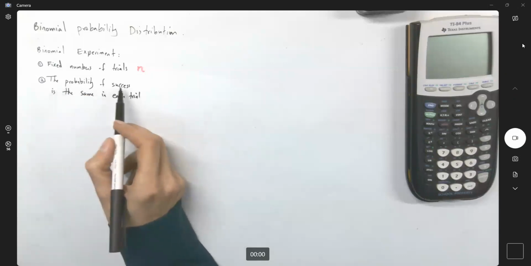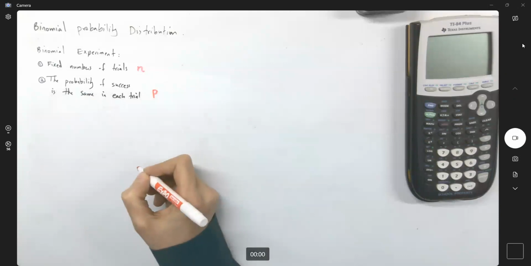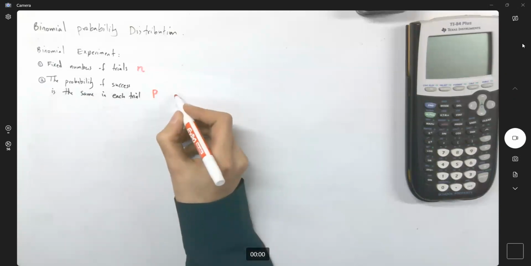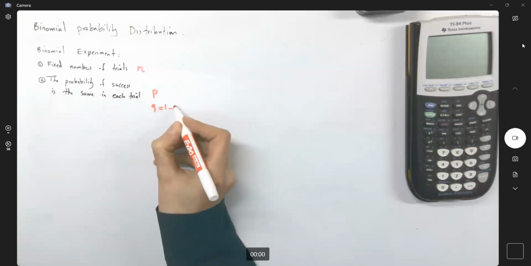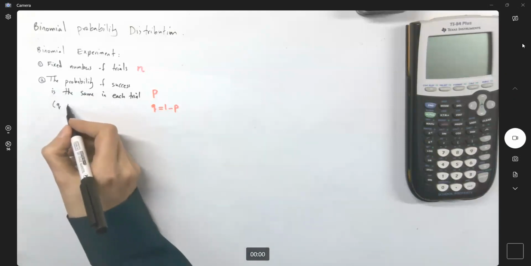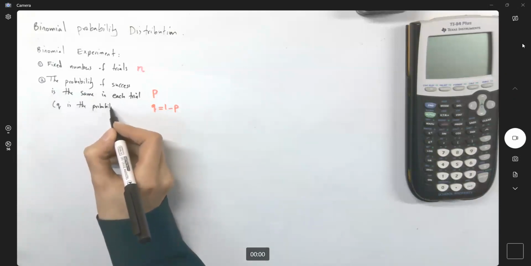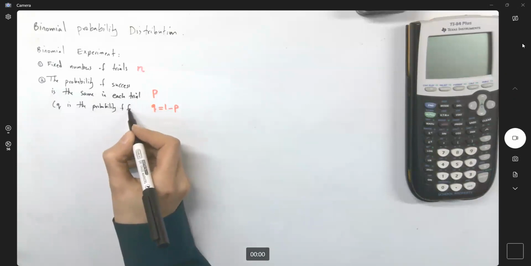We denote the probability of success by P. The probability of failure is denoted by Q, which is 1 minus P. So Q is the probability of failure.